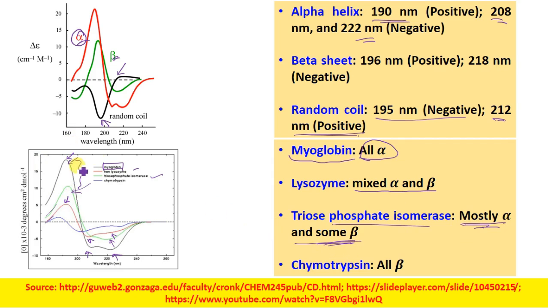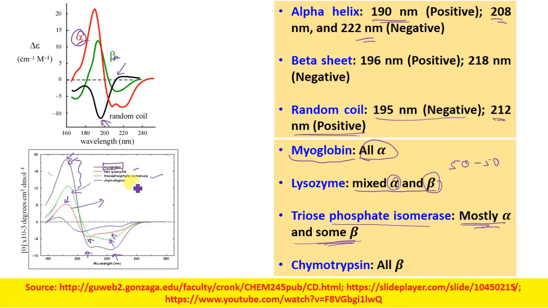If you see the alpha helix, it will be very high. Now if it is mixed alpha and beta, the beta component and the alpha component are almost 50 and 50. So the pull down will be marked. So this red line, if you see, the intensity is quite low, right?